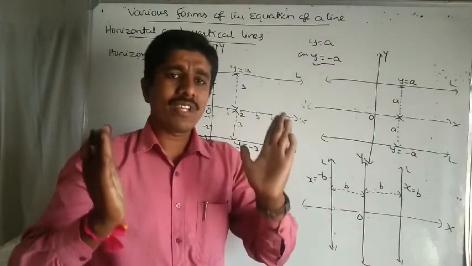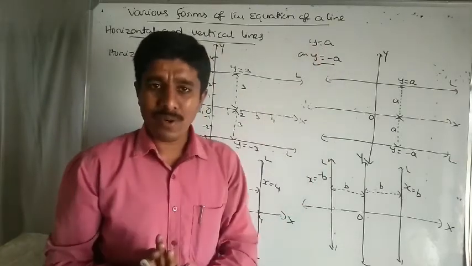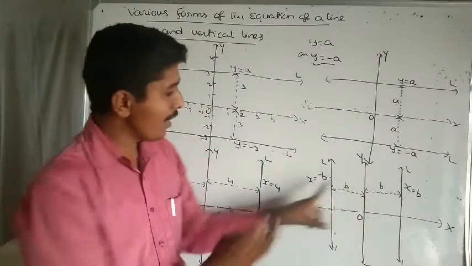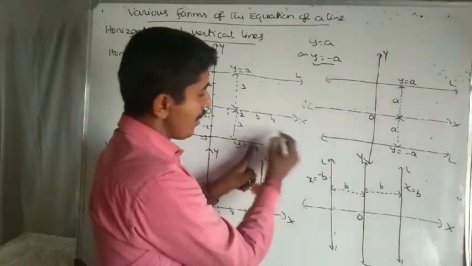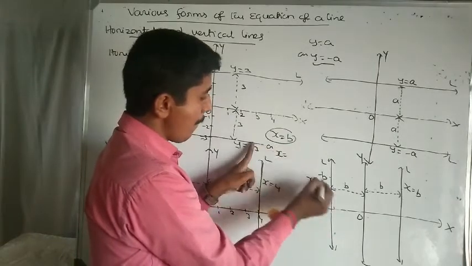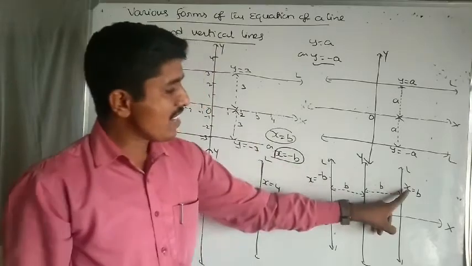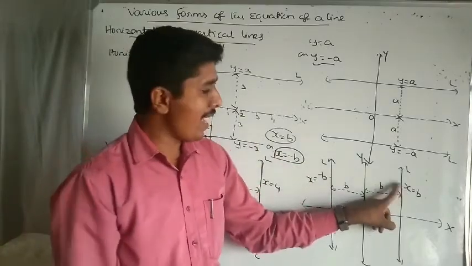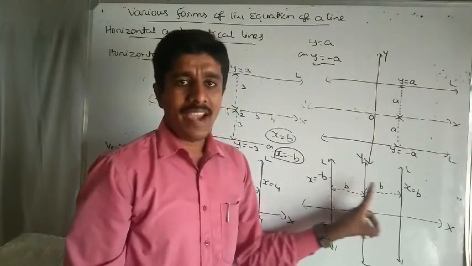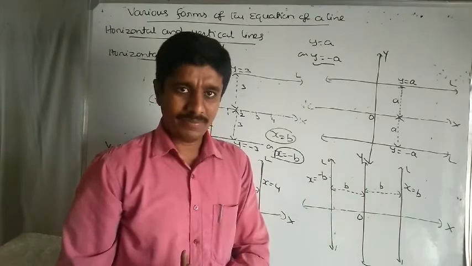This means the equation of any horizontal line will be of the form y equal to plus A or y equal to minus A. And the equation of any vertical line is x equal to B or x equal to minus B. X equal to plus B means this line lies on the right side of the y-axis, or right side of the origin, at a distance of B units from the y-axis.